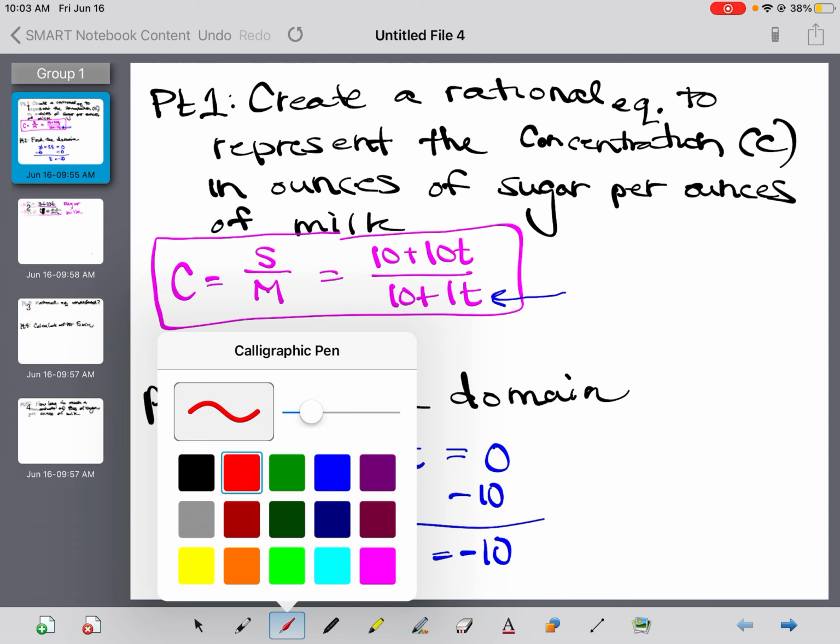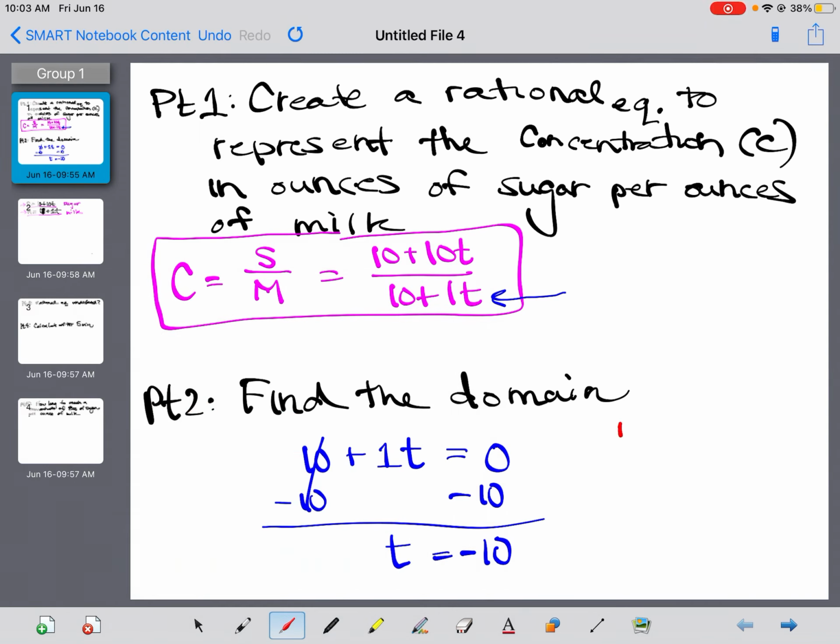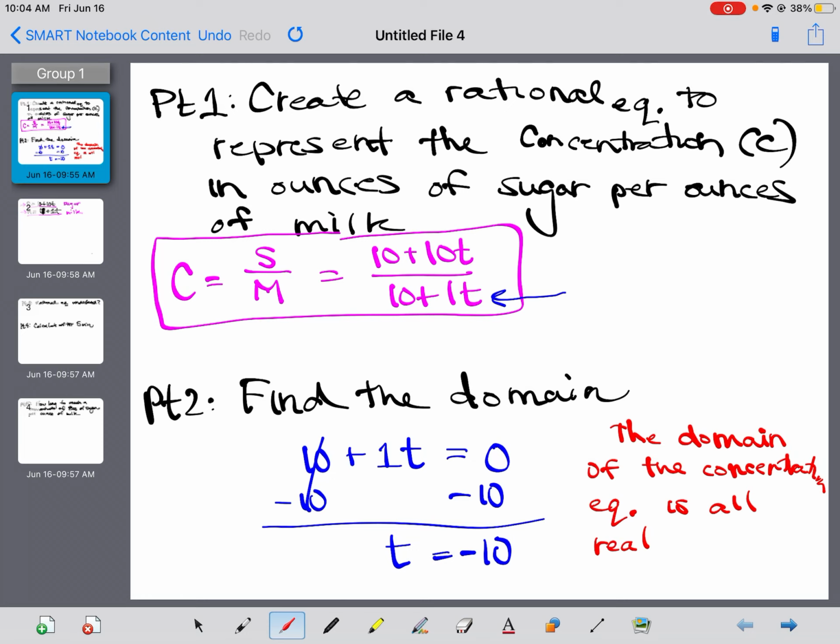To write my answer formally: the domain of the concentration equation is all real numbers, because it can be any number. It can be negative 50, negative 100, or 1 million; all those numbers work.